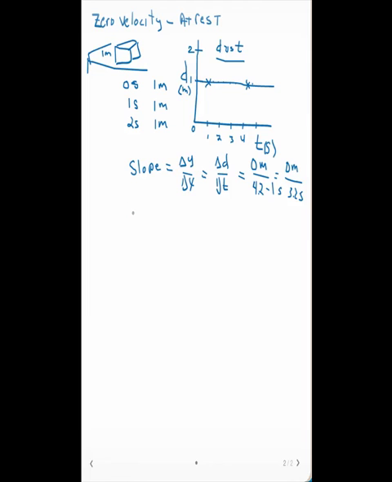So the velocity of that object is 0 meters per second. Now you've learned that the slope of the distance versus time graph is equal to the velocity.